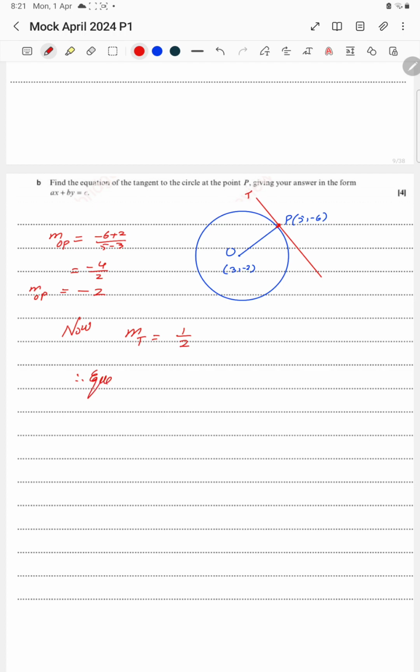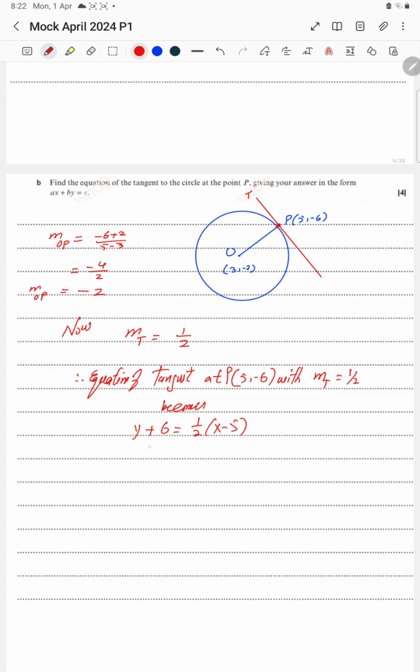Therefore, equation of tangent at point P, which is 5 comma minus 6, with m gradient of tangent 1 by 2 becomes y minus y1 is equal to m times x minus x1, or y equal to mx plus c.